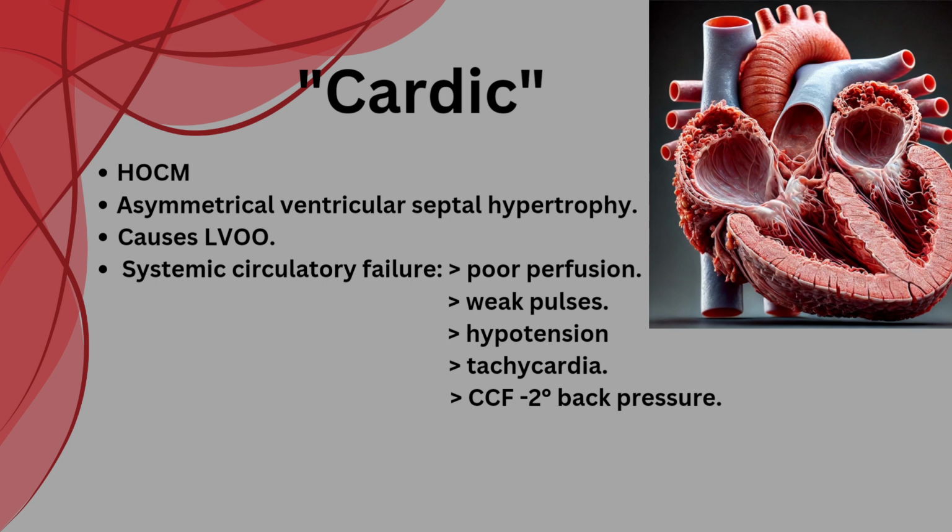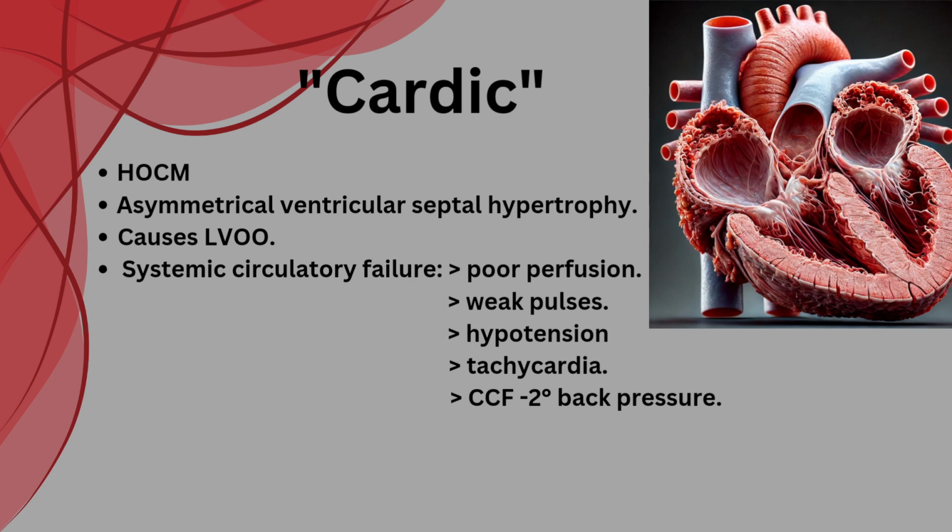What we mean by that is that the left ventricle is going to be unable to eject all its cardiac output to meet the systemic demands because of the relative aortic stenosis that has been created by this thick septum, which narrows the aortic valve because it thickens towards the aortic valve.